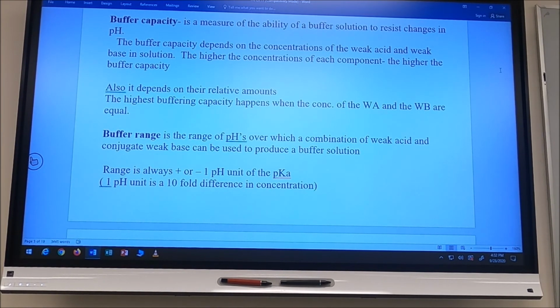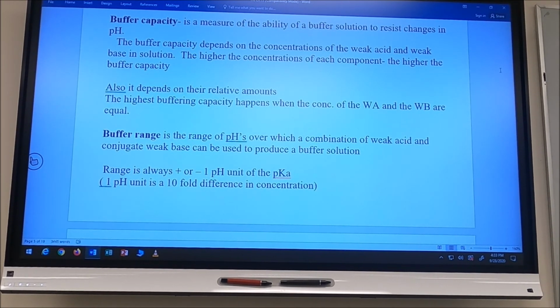Now, you're going to build your solution to handle the kind of disturbances you want to deal with. So if you know that your solution is going to have to take a lot of abuse, you want your concentration of the components to be high. If you know it's not going to have to deal with very large disturbances, you would build your buffer so that your buffer capacity is low.